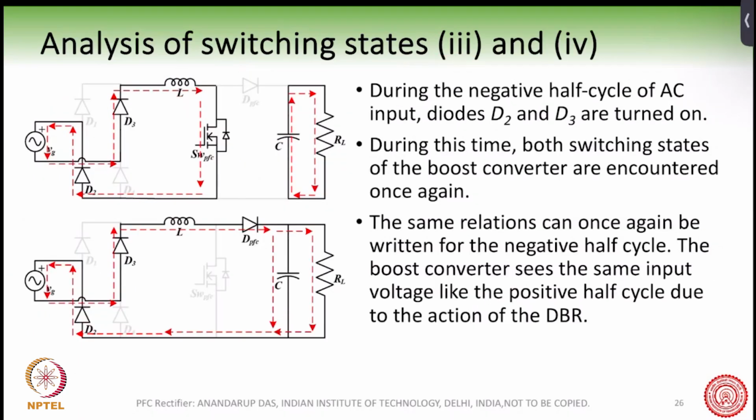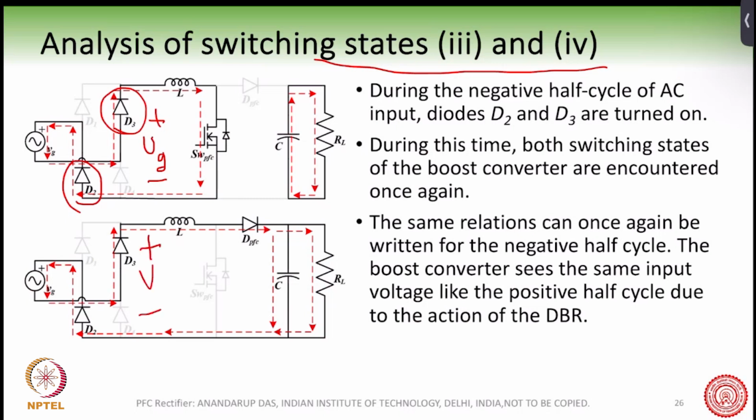Now, since we have understood these equations fairly well, we can apply the same concept when we are dealing with switching states 3 and 4. Recall that in switching state 3, we had the negative half of the AC cycle, and in this case, D2 and D3 were turned on. But the VG voltage is exactly the same as before.